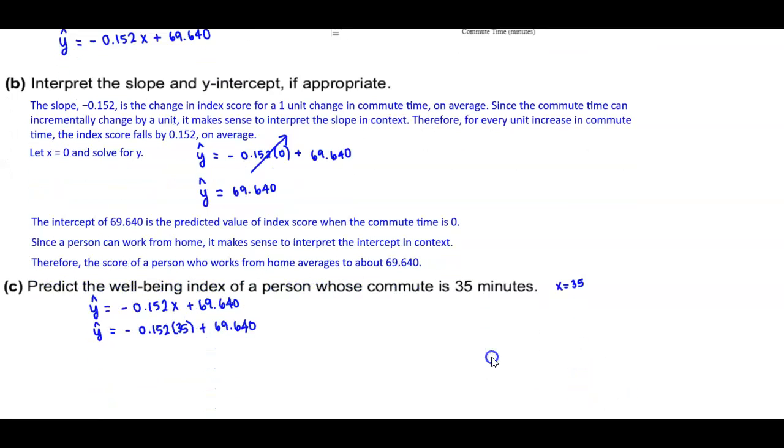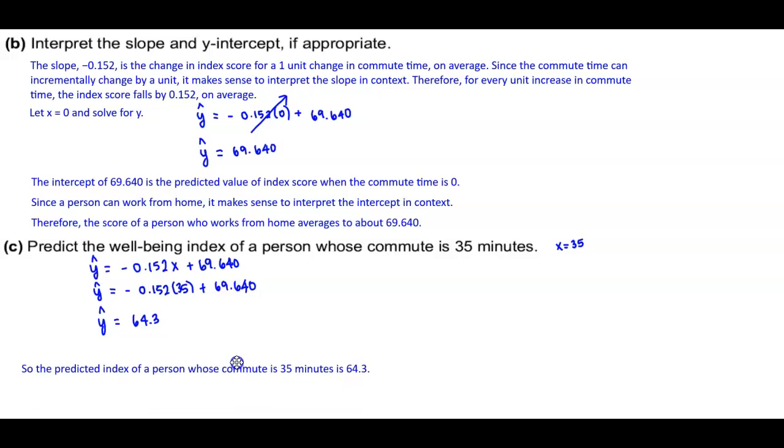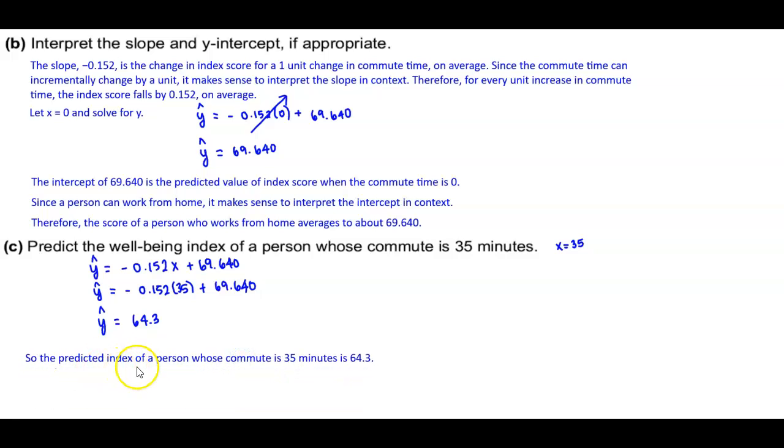If we plug in 35 multiplied by negative 0.152 plus 69.640, that gives us 64.3. So the predicted index of a person whose commute is 35 minutes is 64.3.